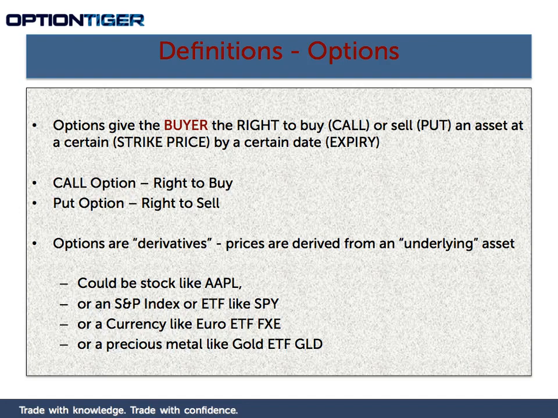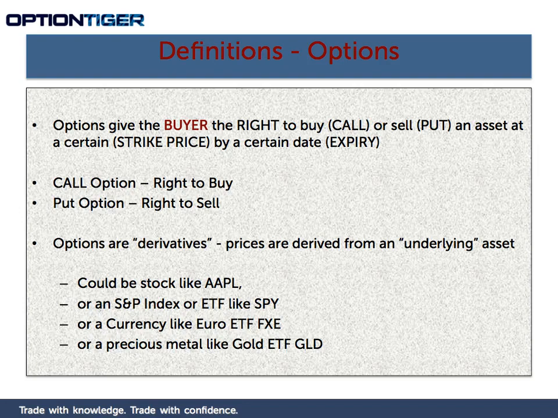Options give the buyer the right to buy an asset at a certain strike price by a certain date. So if you recall on the previous slide, we said that you could buy an option contract for a price that was very different from where Apple was trading.